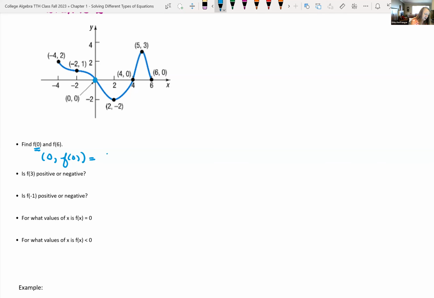So f of 0 is 0. So we have a point at 0, 0. For f of 6, when x is 6, our y value is 0. So f of 6 is also equal to 0.